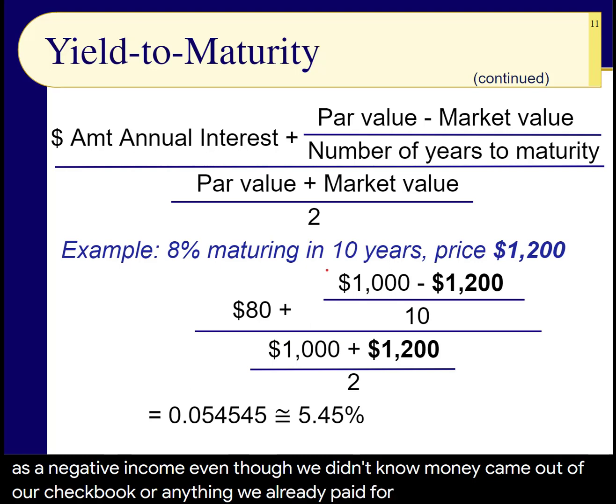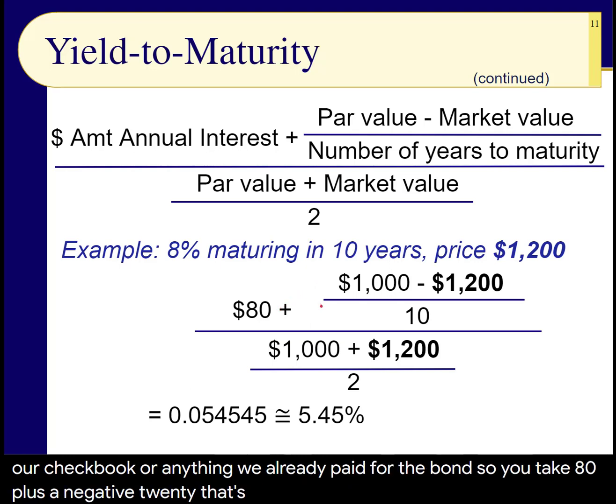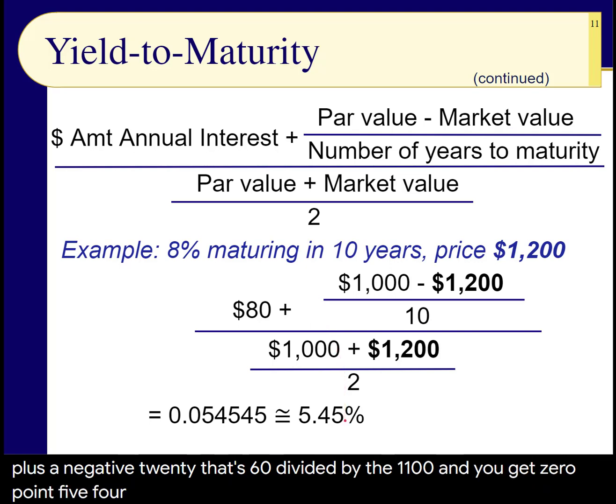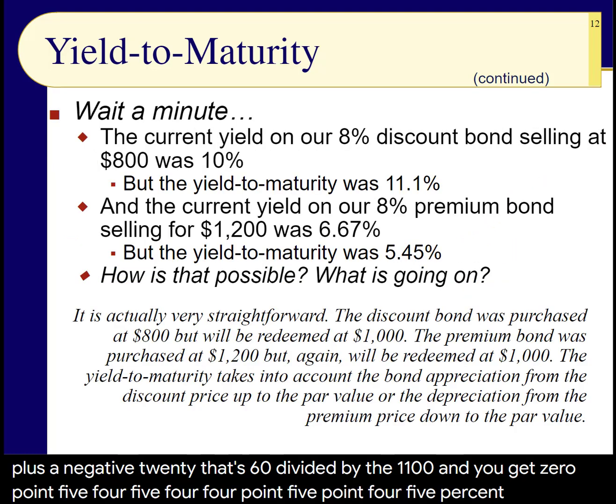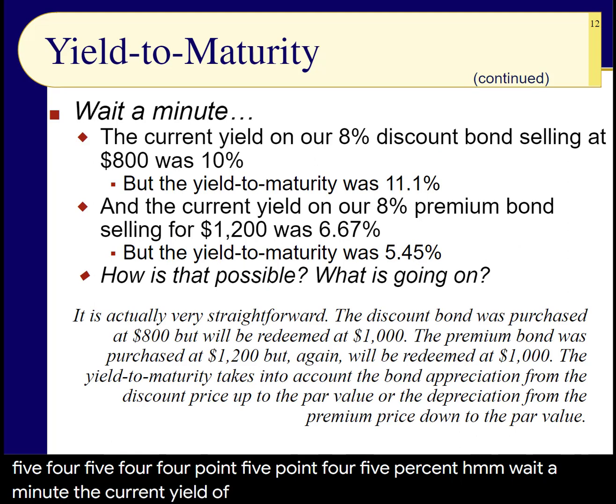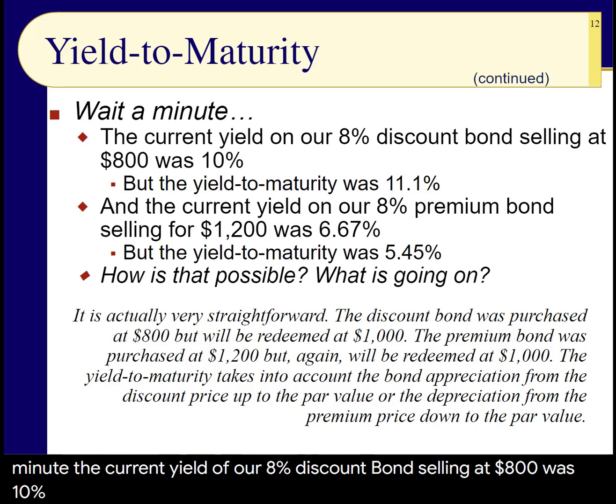We already paid for the bond. So you take 80 plus a negative 20, that's 60, divided by the 1,100, and you get 5.45%.